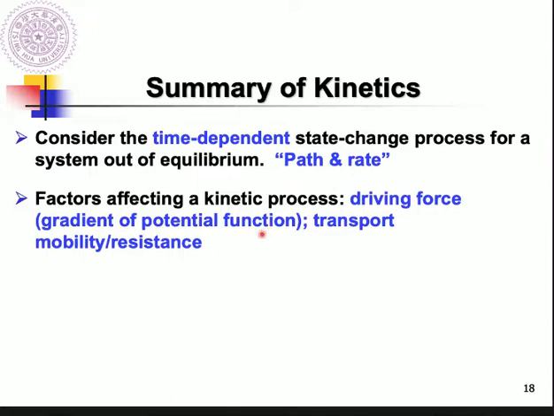We call this the kinetics process. And what factors will affect the kinetics process? The first one is the driving force applied on the system. The second one is the inertia of the system, or you can call it transport resistance or transport mobility. Let's take an example.